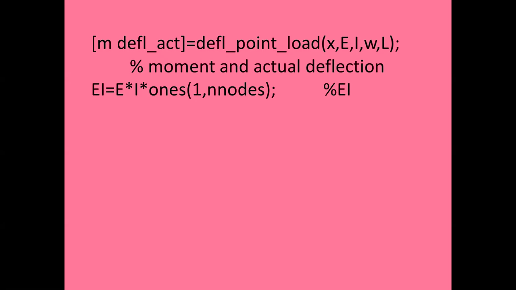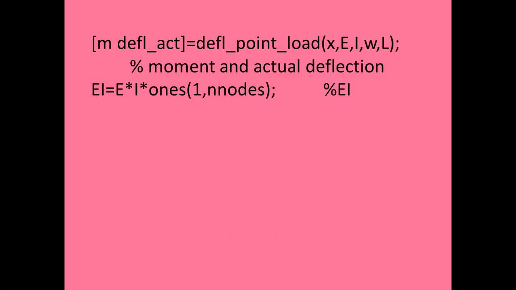Now this function named ones, and the arguments 1 and nodes is going to generate a row matrix. The size of the row matrix is going to be one row, and the number of columns are going to be equal to the value stored in the variable NNODES.